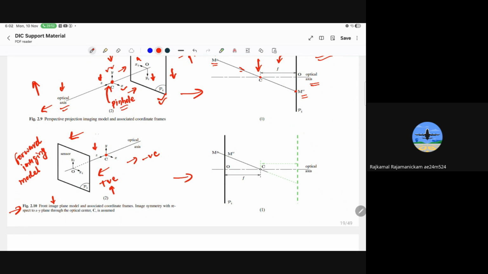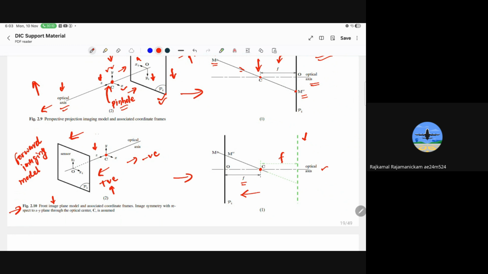To understand it better, you can see this one. This is the pinhole of the camera, and in the backside you had the film. This is the optical axis. What you have done is moved the film to this side at the same distance, whatever distance was here.